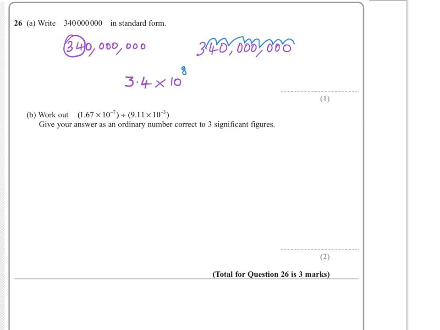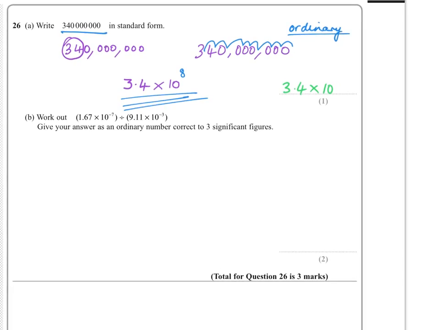Now, if I keyed this in my calculator, 3.4 times 10 to the power of 8, then it does actually give this number here, which is an ordinary number. I'll write that down, ordinary number. But this is therefore the standard form, so I've definitely checked it out, and my calculator does definitely tell me that that's the answer.